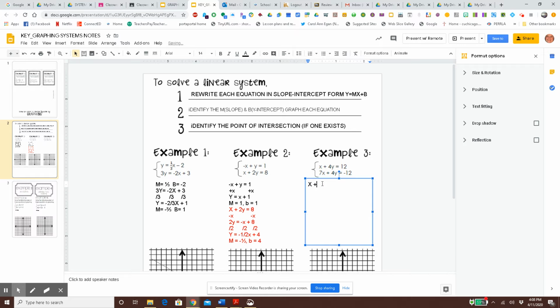So x plus 4y equals 12. I've got to move that x, so minus x on both sides, or subtract x from both sides. I get 4y equals negative x plus 12. Then divide everything by 4.